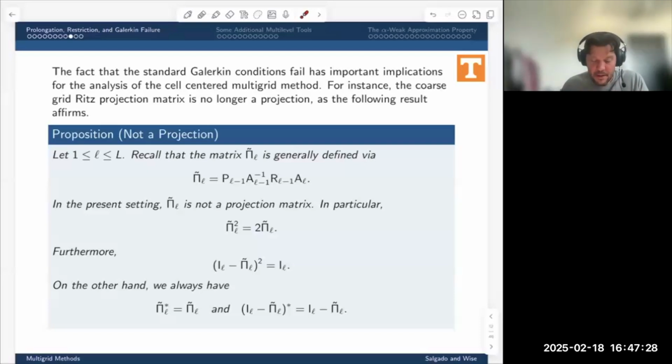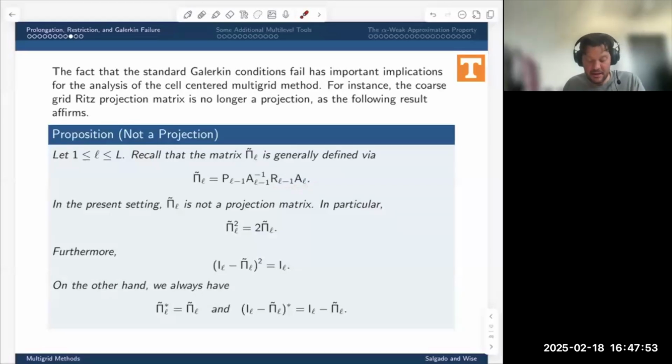So recall that the coarse grid Ritz projection matrix, this pi L tilde matrix, was defined through the PARA condition. Pi L tilde is equal to P L minus 1, the prolongation matrix, times the reciprocal of the coarse grid stiffness matrix, times the restriction matrix, times AL.